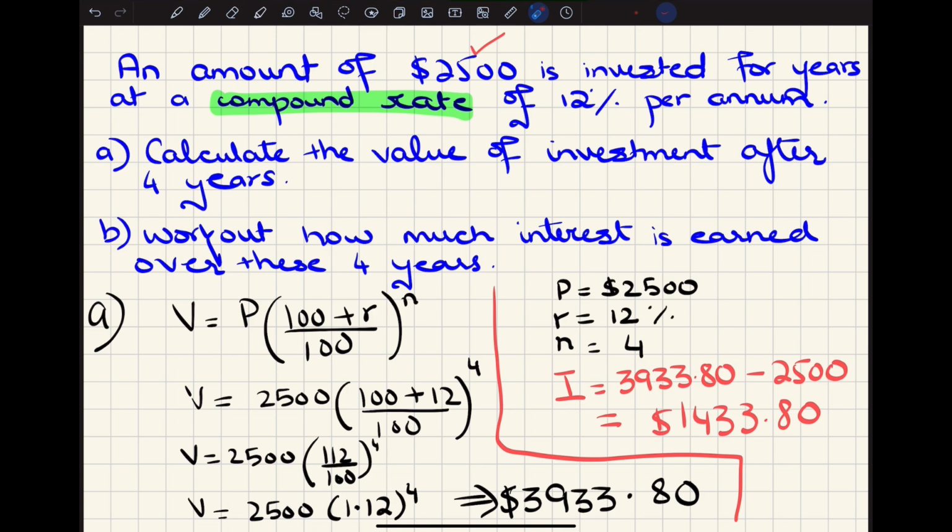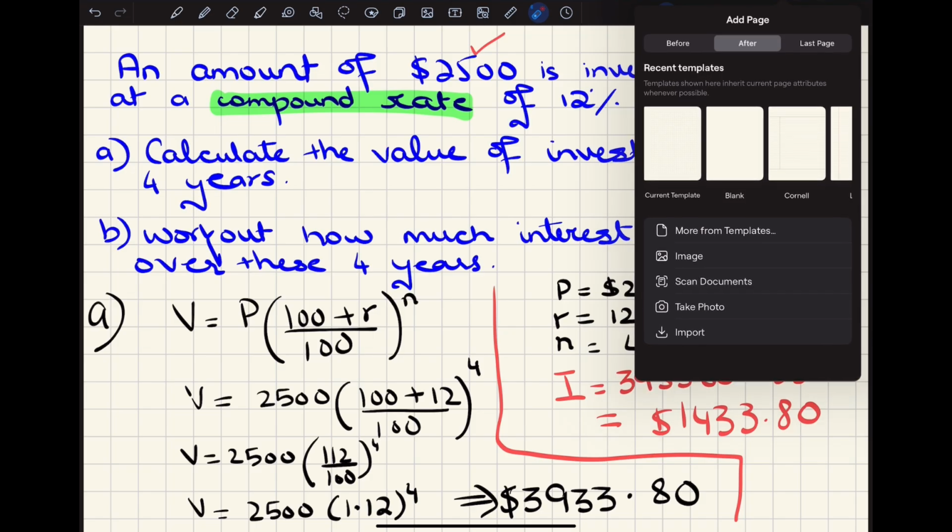Okay, now one final question or example where we're going to see what happens if the interest is compounded at a rate which is different from, it's not applied yearly, so it is compounded at a different interval. Okay, so let's see.